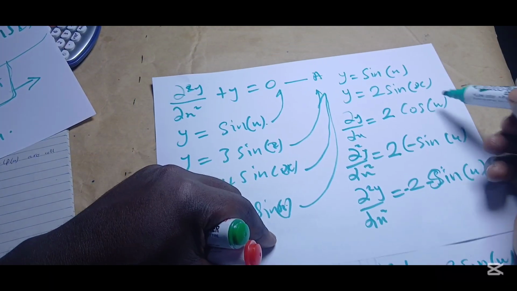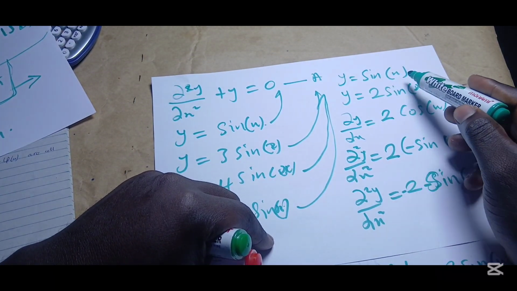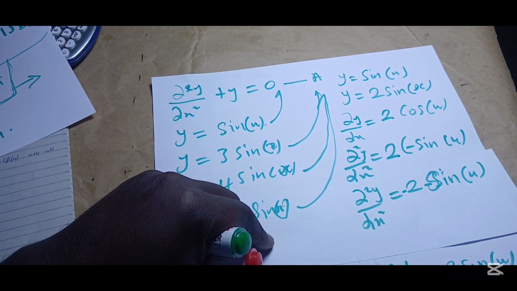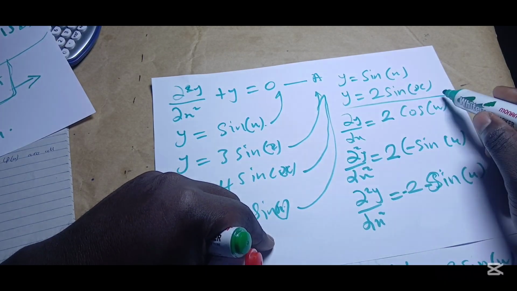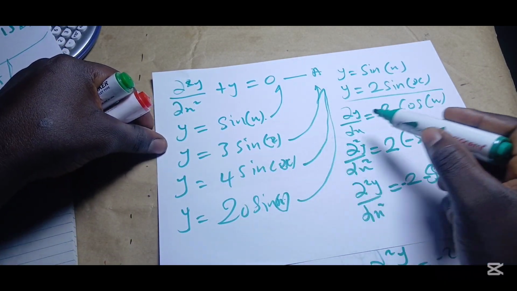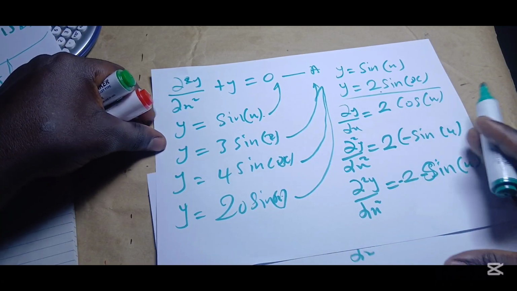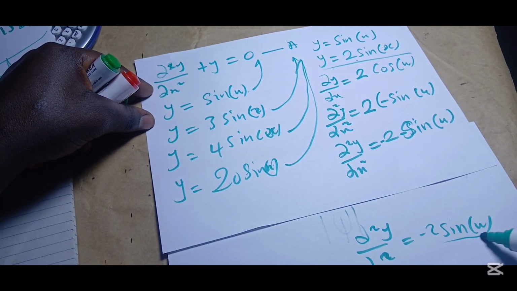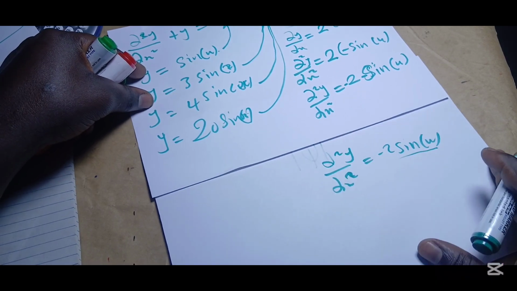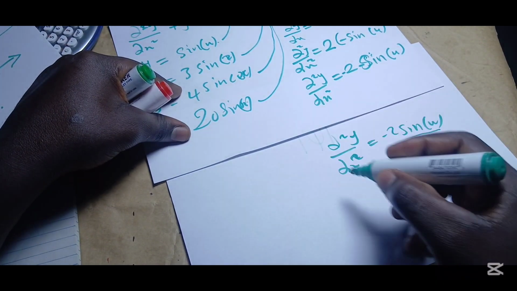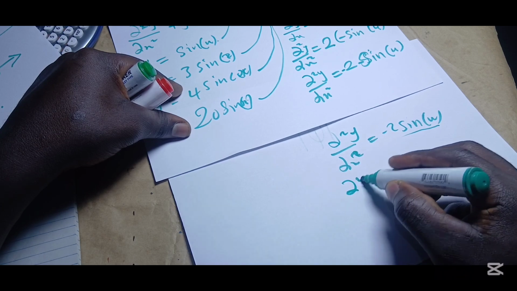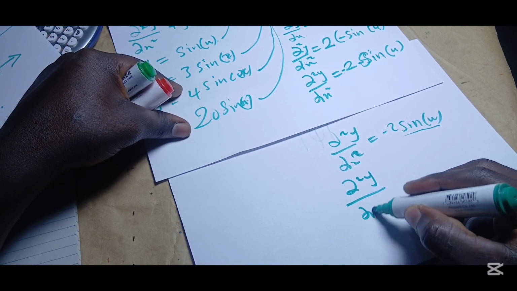But we already know that y equals 2 sine x is also part of the solution, right? Which means that we can replace this whole thing here by y. But before we do that, let's try bringing everything to one side of the equation sign.